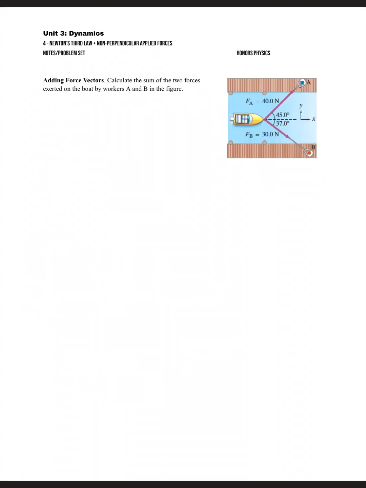Here on these we have adding force vectors, and so we already got pretty good at this. But here, basically, we're calculating the sum of the two forces exerted on the boat by workers A and B in the figure. So we have two forces. We have FA pointing over here at 40 newtons at 45 degrees. And so we have to think back a little bit, but there is a FA in the X direction and an FA in the Y direction.